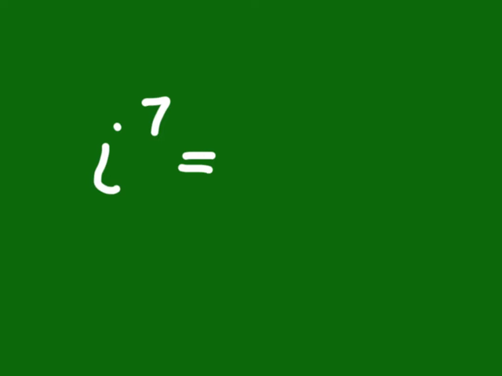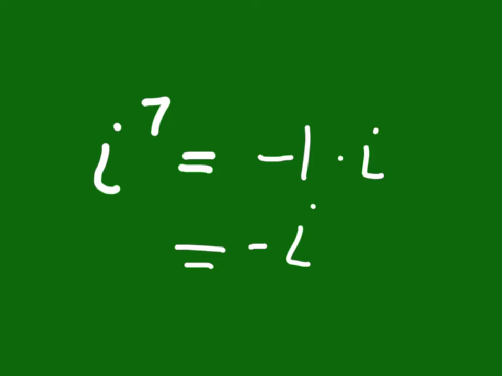I to the 7th, what was I to the 6th? -1 times I. Final answer is -I. If you know that I to the 6th is -1, then there's no need to go ahead and break them all up as I squared.